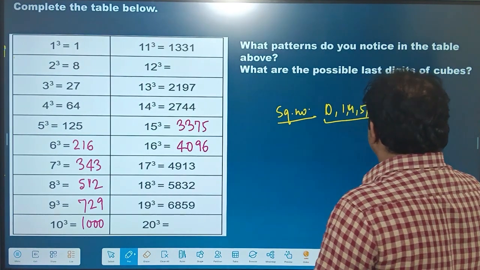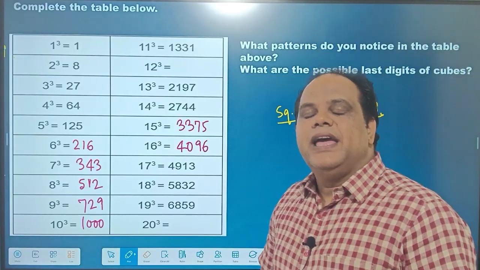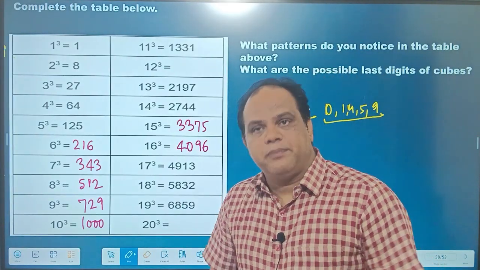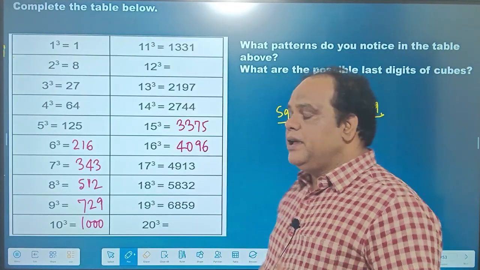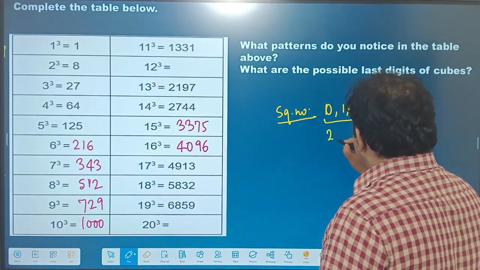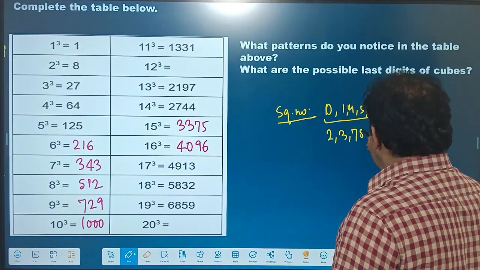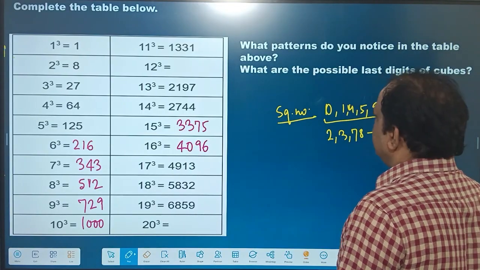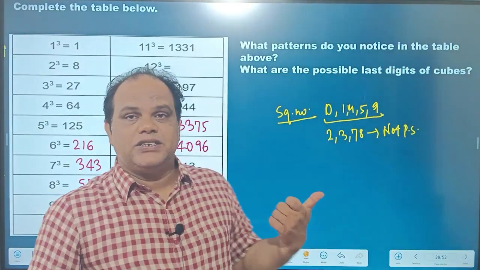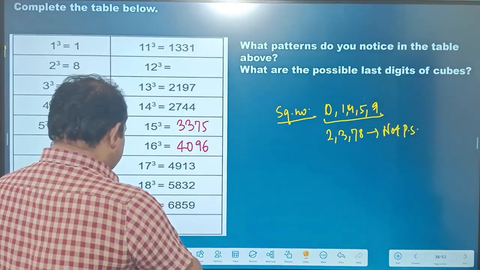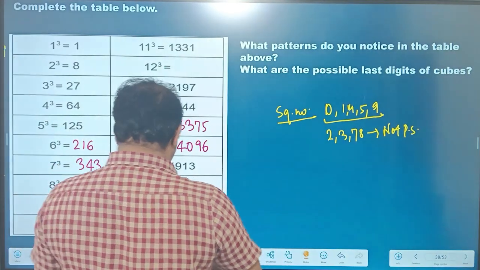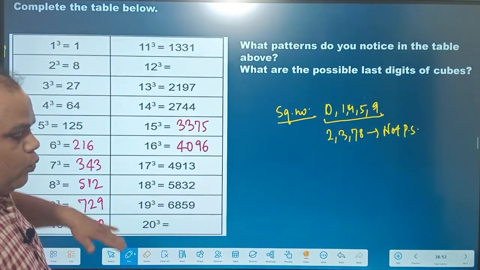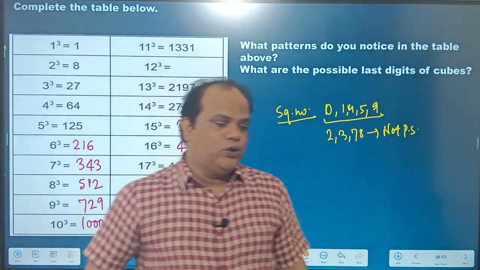If a number ends with these, it can be a perfect square, but there are possibilities that it may not be. And any number ending with 2, 3, 7, 8 is not a perfect square. This is what we saw while studying square numbers. Now in the same way, it asks what observations you see here.